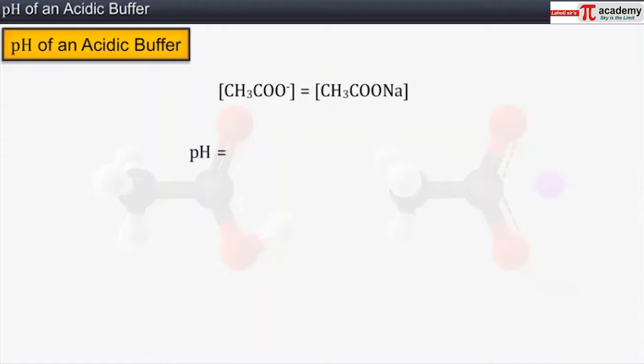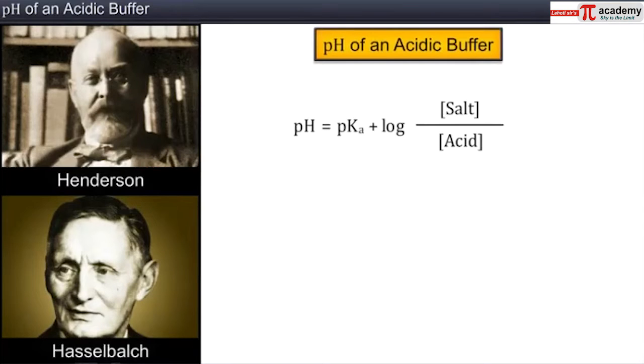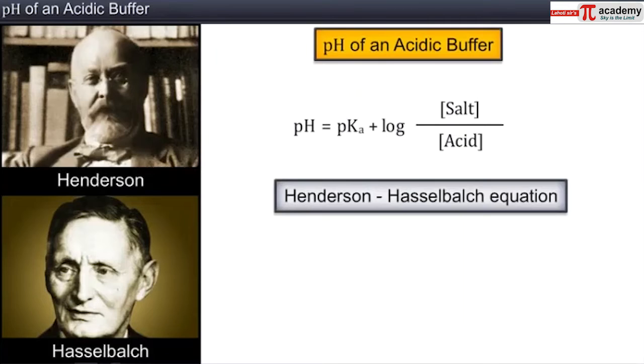Hence, pH is equal to pKa plus log of concentration of sodium acetate divided by concentration of acetic acid. We can generalize this equation as pH is equal to pKa plus log of concentration of salt divided by concentration of acid. This equation is called the Henderson-Hasselbalch equation.